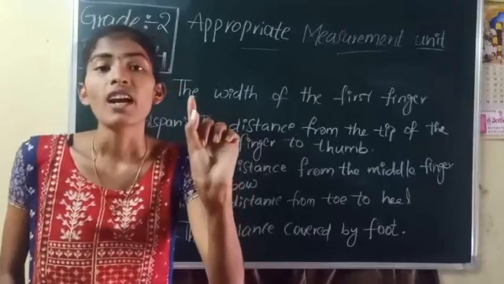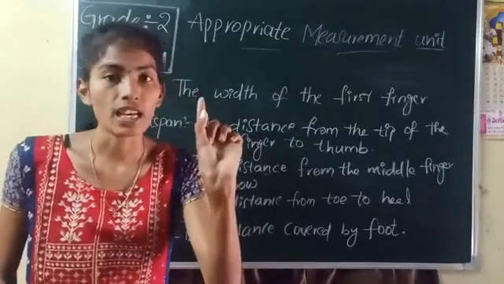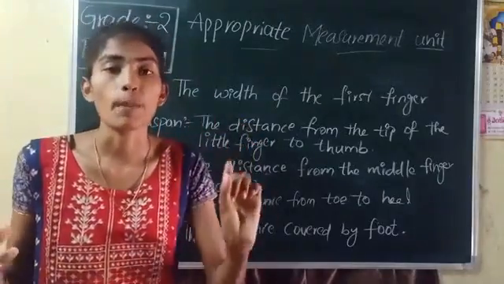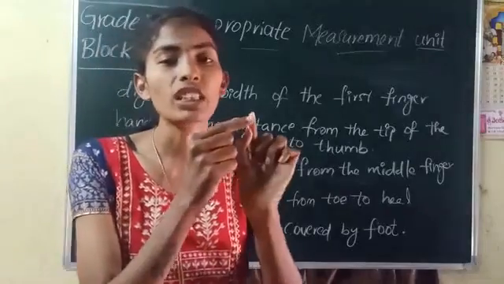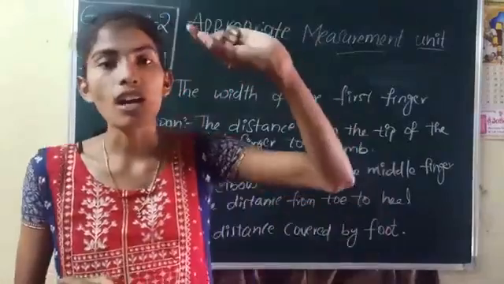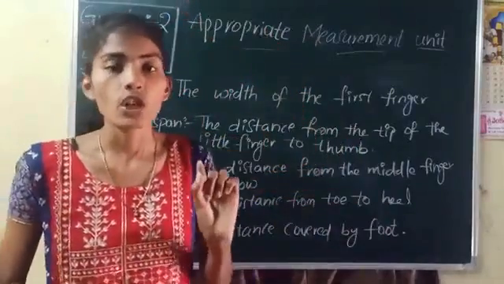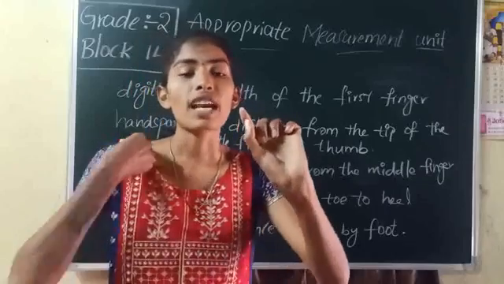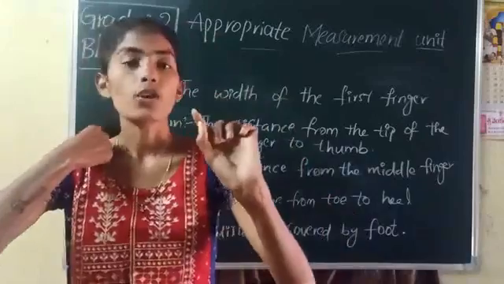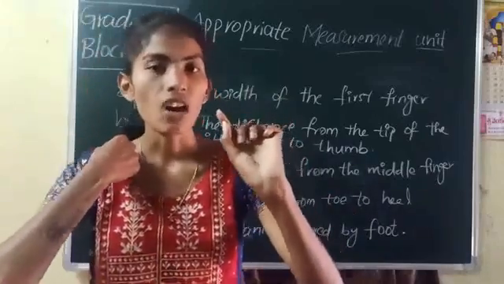You can measure, but it's very hard. It takes much time to measure the window because your width is very small, so you have to keep on counting. No, you can measure, but it is very hard.